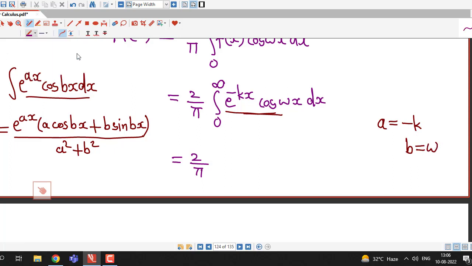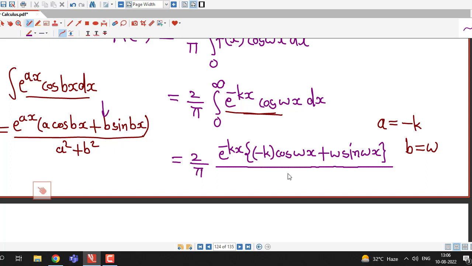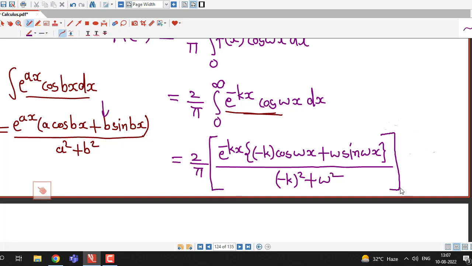So now we use this formula and we obtain e raised to minus kx (a cos bx, value of a is minus k, cos omega x plus b sin bx, b is omega, so here we write omega sin omega x) divided by a square plus b square. Value of a is minus k, value of b is omega. Here I have to write the limits of integral as x equal to 0 to x equal to infinity.